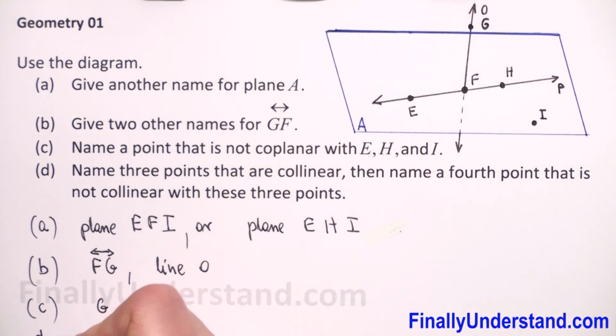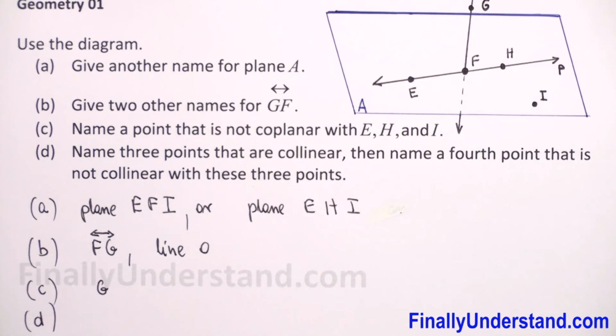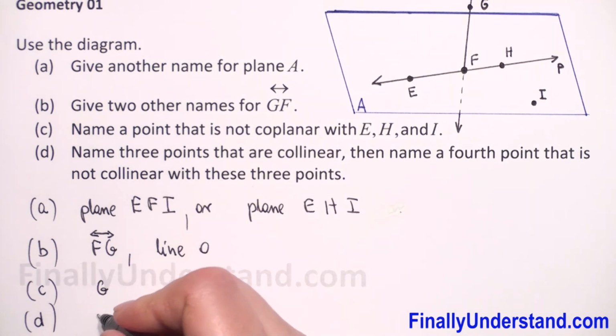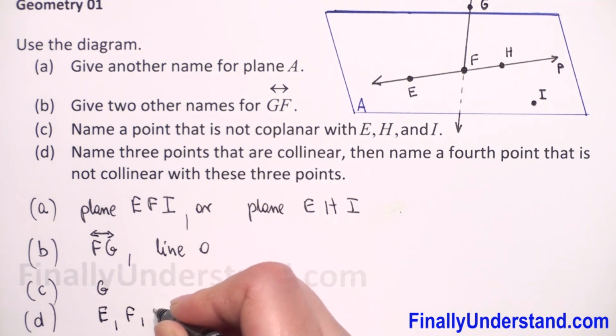And now we have to name the 4th point that is not collinear with these 3 points.